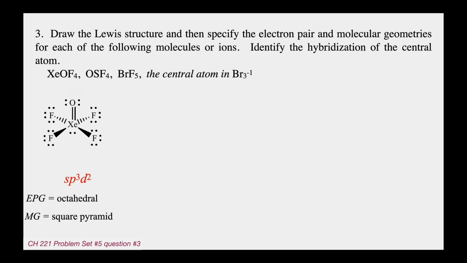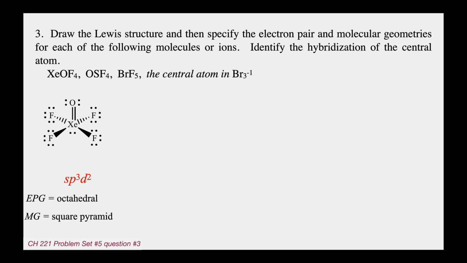The next molecule, OSF4, is a little bit tricky. Oxygen, if you remember, is 2nd in electronegativity only to fluorine. So what that means is fluorine would never be the central atom because it's the most electronegative. But oxygen is rarely the central atom too because it's 2nd in electronegativity only to fluorine.